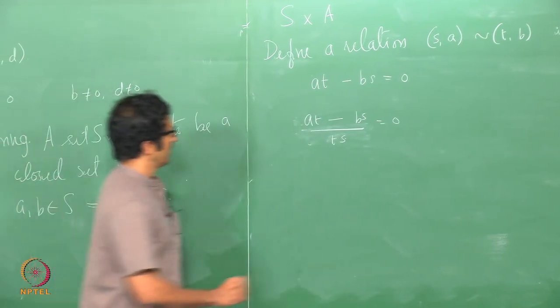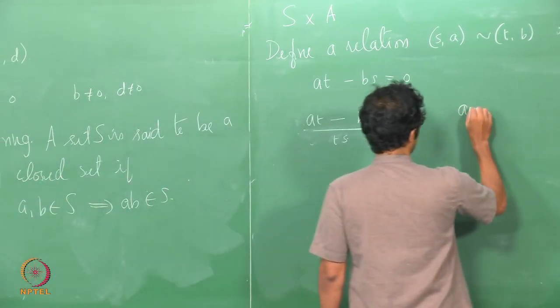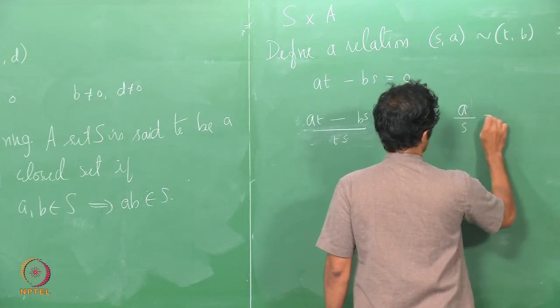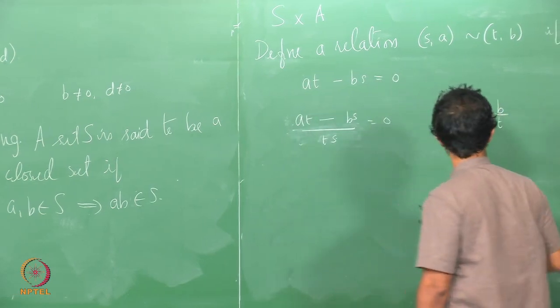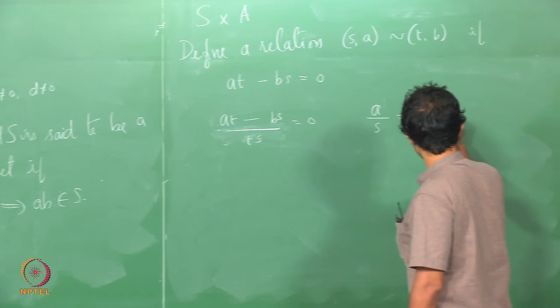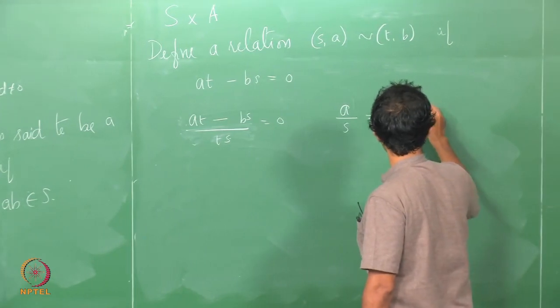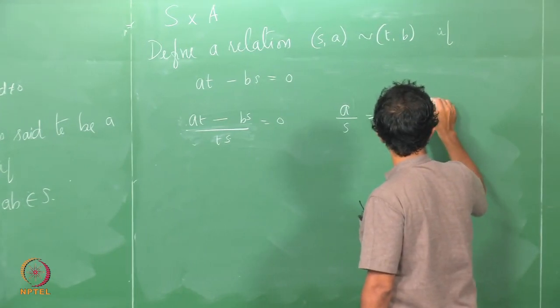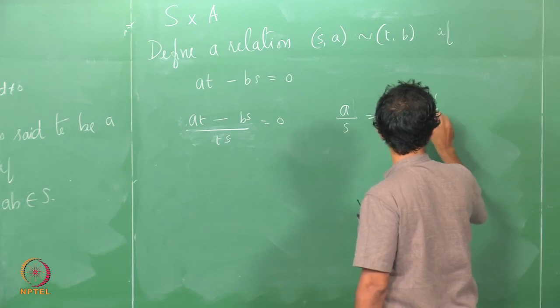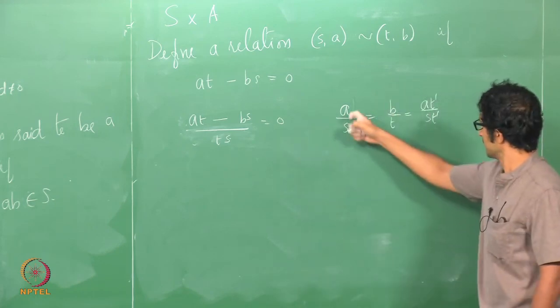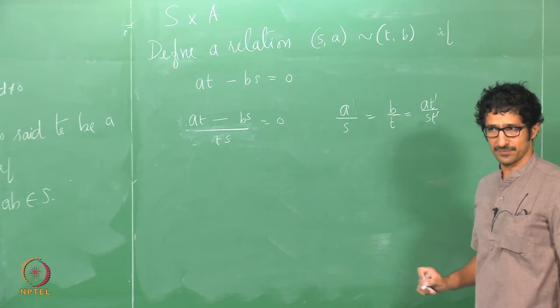Okay. But at the same time, I want A by S equal to B by T. I should also get this is same as some AT prime by ST prime. This should be equal to this as well, right?